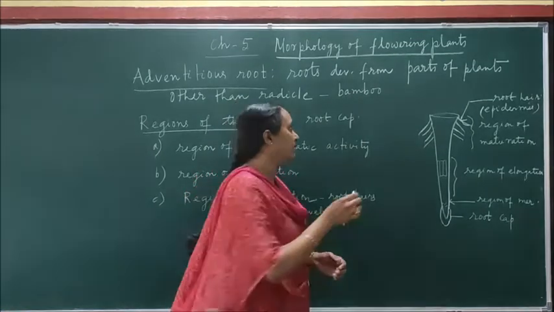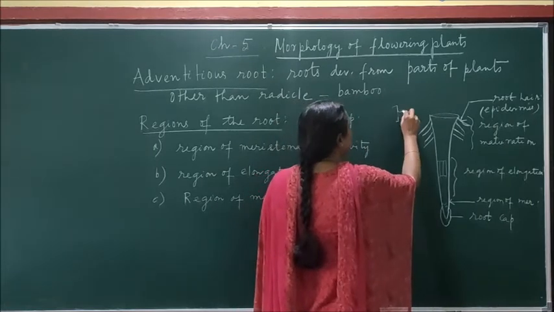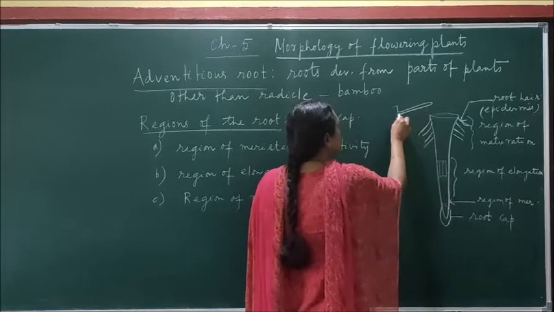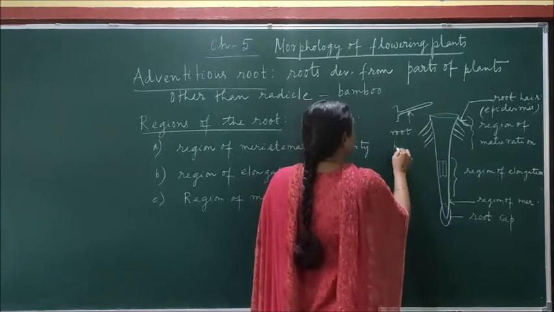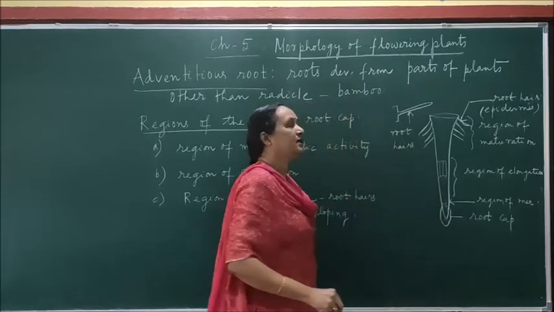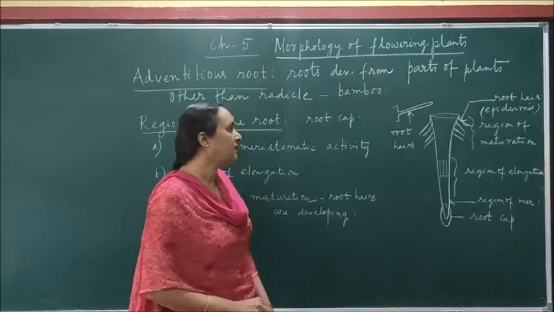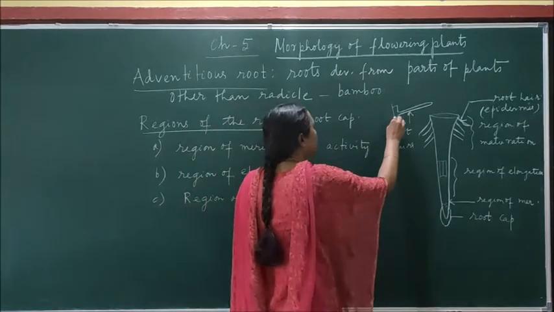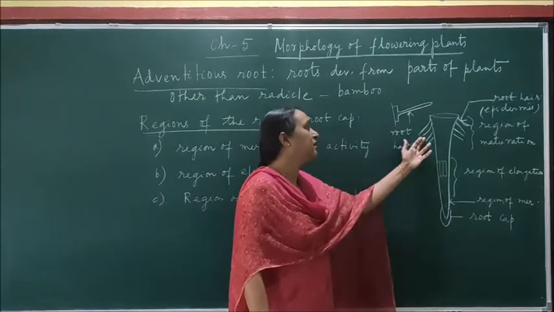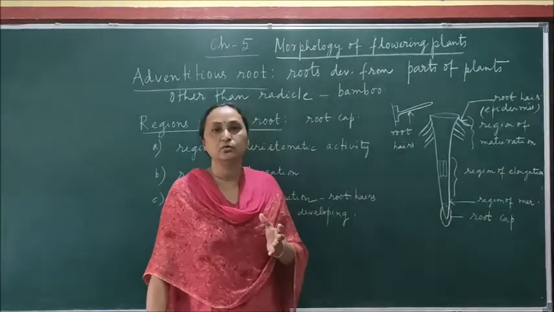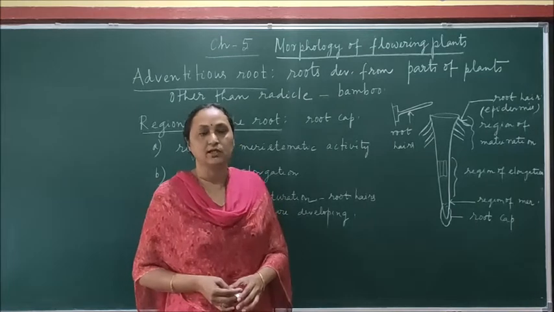The epidermal cell extends to make a growth which is called a root hair. So root hairs are always a single cell. They are not multicellular, they are unicellular, because the epidermal cell is extended to make the root hair. And because they are many in number, they increase the area of the root for absorbing water and minerals from the soil. That is the function of root hairs.